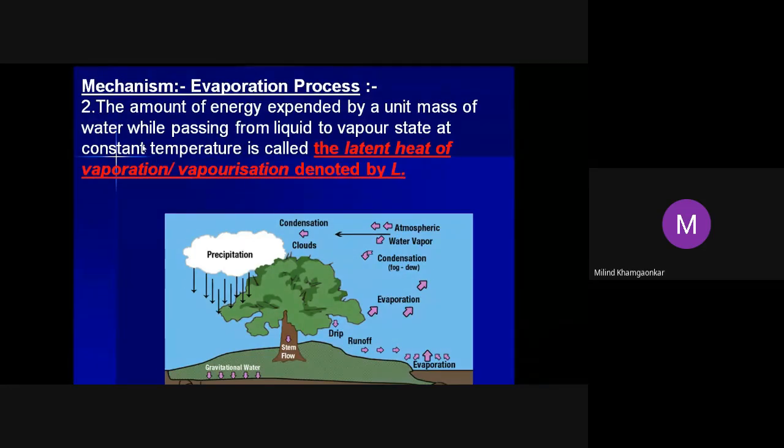The temperature is not increasing, the temperature is constant, that is the atmospheric temperature. This amount of energy is called the latent heat of evaporation or latent heat of vaporization, denoted by L. I think everyone has understood the mechanism of the evaporation process.